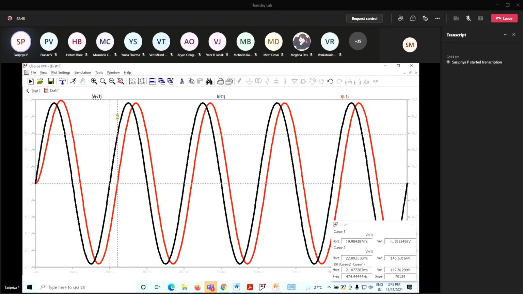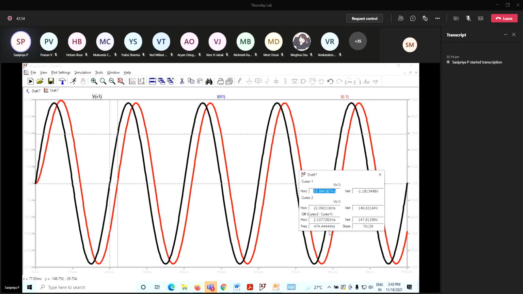Now I could see the window with cursor 1 and cursor 2. Cursor 1 shows the crossing point at 19.9 milliseconds, and the corresponding voltage is minus 1.14 volts. Similarly, cursor 2.